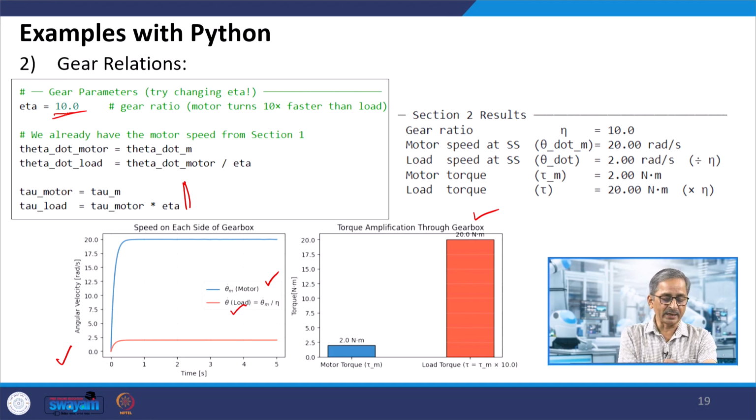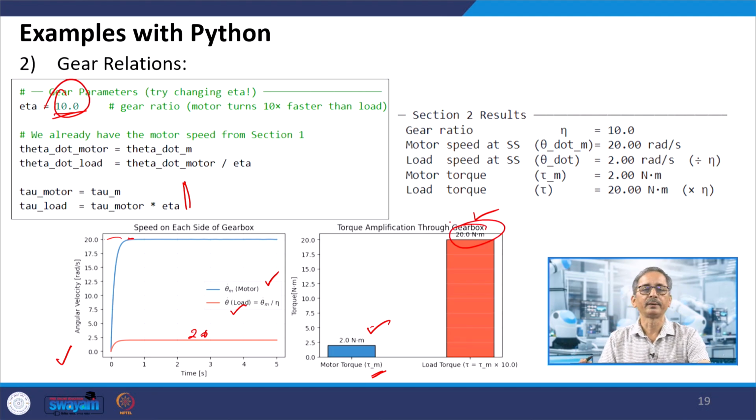With a gear ratio of 10, this is 20. So, for the 10 at the load side, the velocity is going to be around 2, so this will be 2 radian per second. Likewise, if you look at the torque amplification, here the motor torque is 2, and if your gear ratio is 10, you are going to have 20 Newton meter torque here.